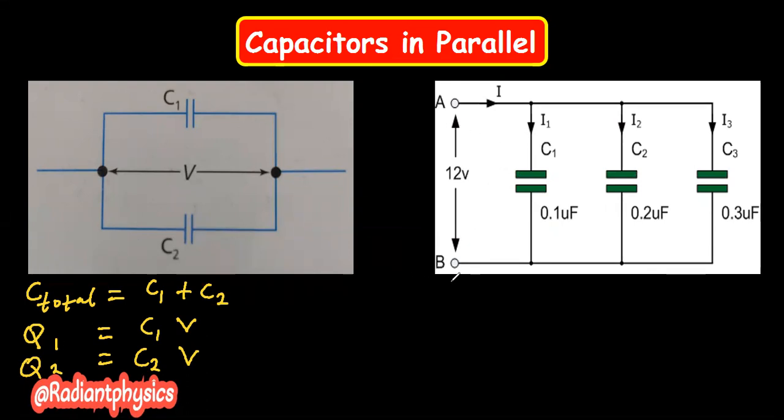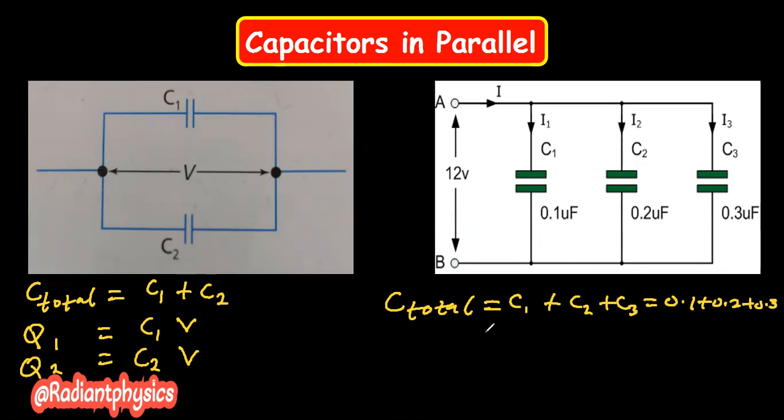The total capacitance will be C1 plus C2 plus C3, which means 0.1 plus 0.2 plus 0.3. And then our total capacitance will be what? We should have 0.6 microfarad. Yes, this is the combined capacitance in this circuit.